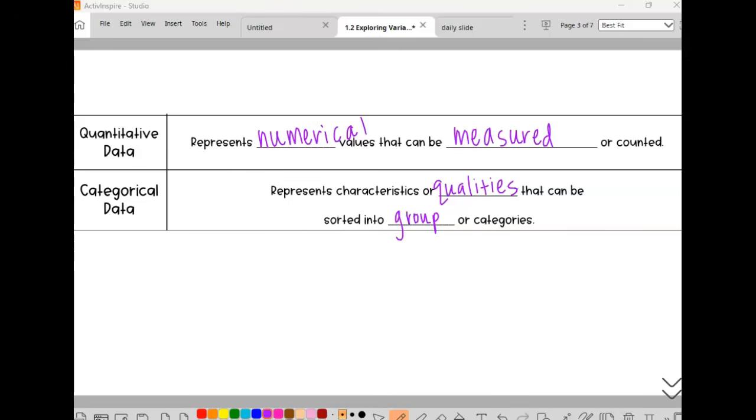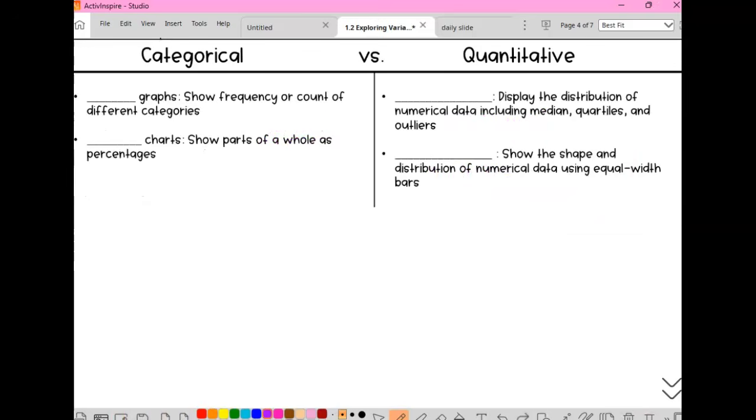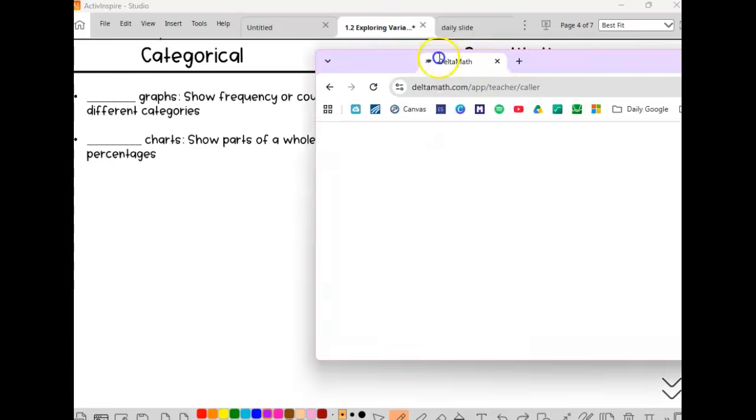Alright, let's see. The first question in the survey was, what is your age? Is that categorical or quantitative?